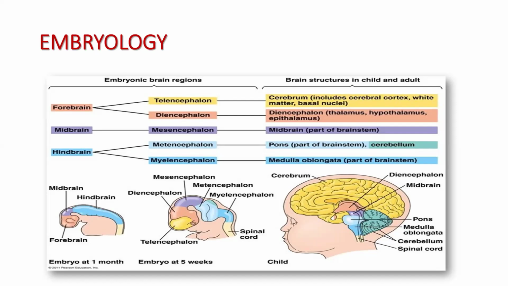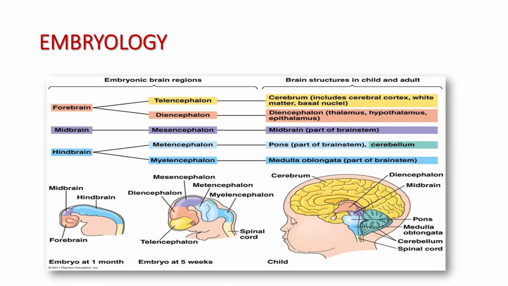So in this slide, you can see the forebrain has embryologic origin from the telencephalon and the diencephalon, as we can see in the adult brain.